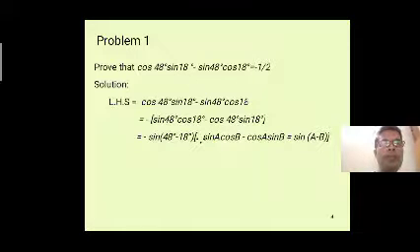Sin of A minus B. So we write minus sin of (48 minus 18) degrees. We get minus sin 30 degrees. We know that the sin 30 value is 1 by 2. So minus 1 by 2 is the answer.